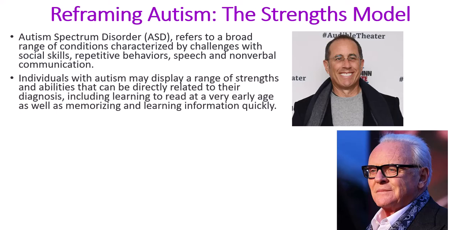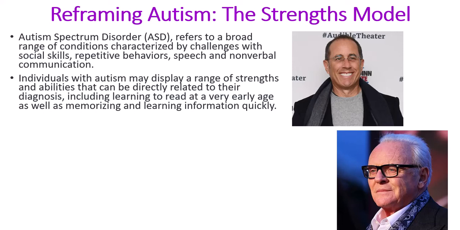But individuals with autism can display a range of strengths and abilities directly related to their diagnosis. Many of them are able to read at a very early age, memorize and learn information quite quickly. This is called hyperlexia in terms of language, almost the opposite of dyslexia.